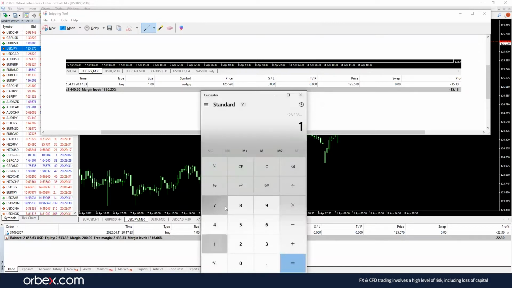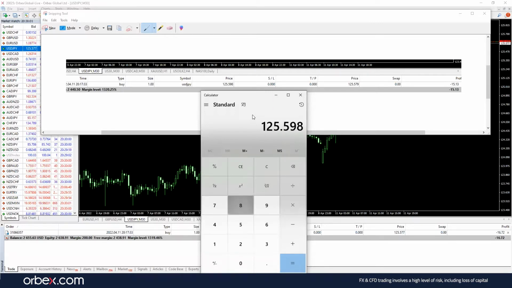125.598 minus 125.579. So I'm in a deficit of, because it's in a minus, 1.9 pips. So 1.9, and then the pip value is roughly $7.95, and then I'm going to multiply that by 1. So $15.10, $15.13. So I'm a few cents away because I didn't get the exact pip amount, but we can get the exact pip amount because we checked it before.